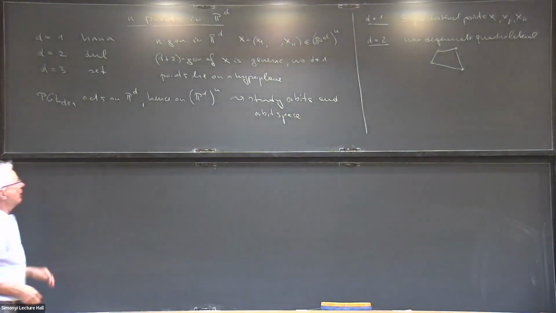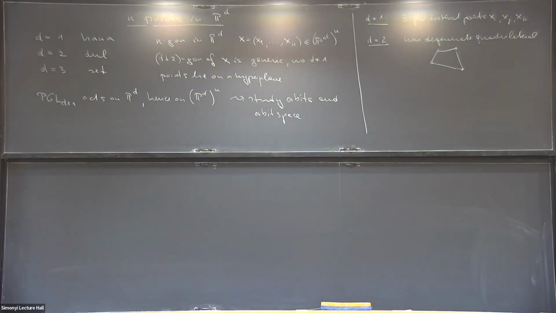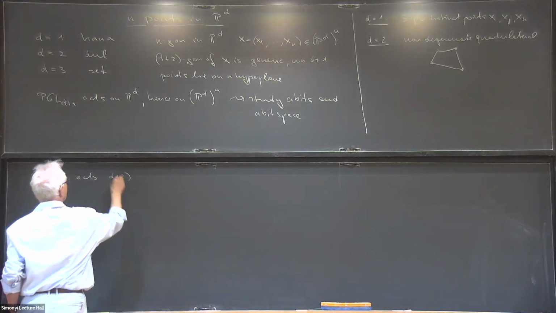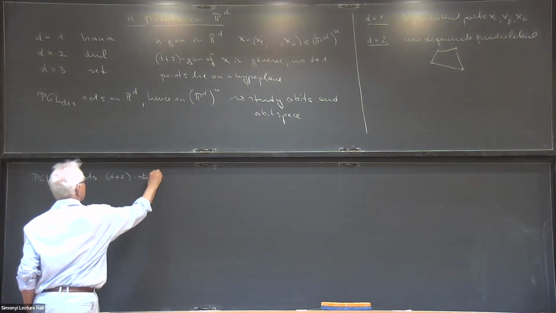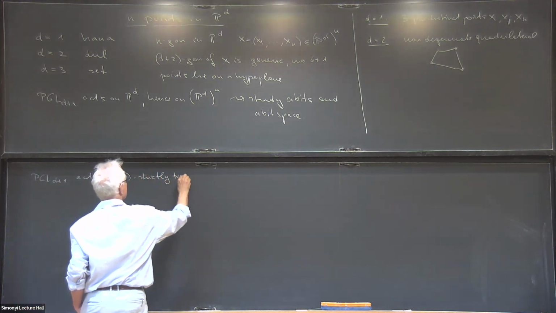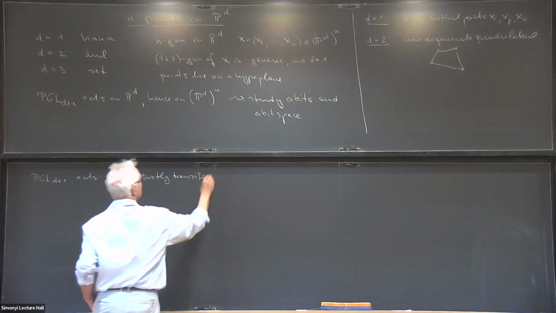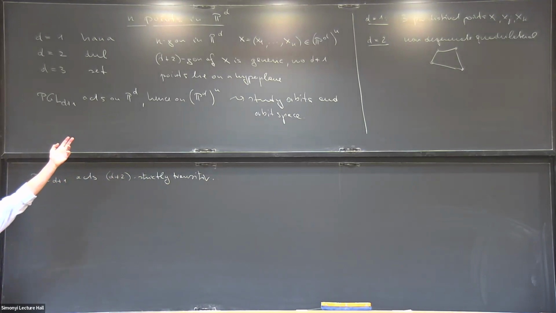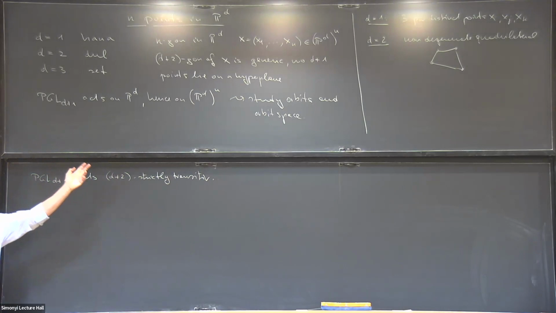And I guess you're all familiar with this situation. PGL_{d+1} acts on d+2-gons strictly transitively. So whenever you have a generic d+2-gon, you can send it by the action of PGL_{d+1} to any other such d+2-gon.